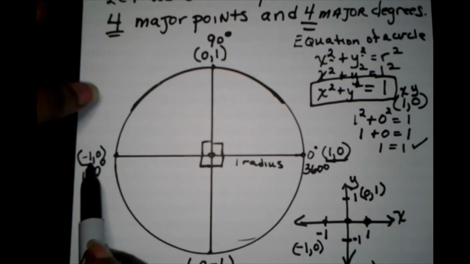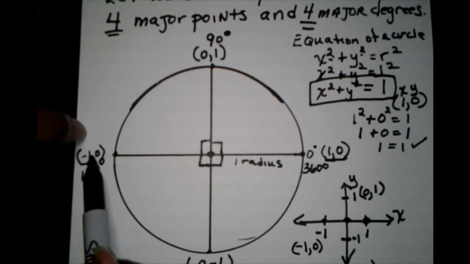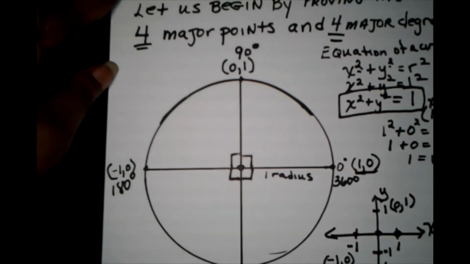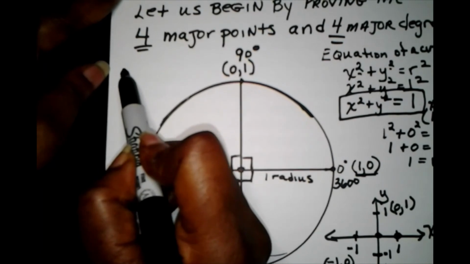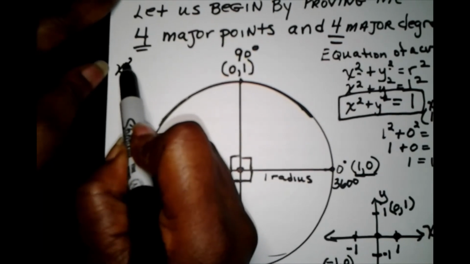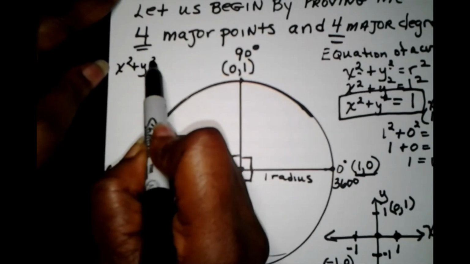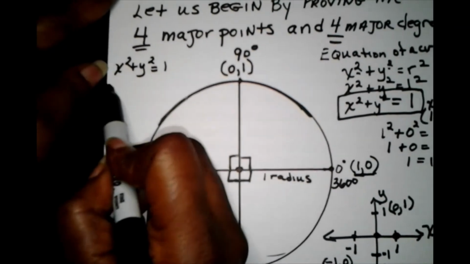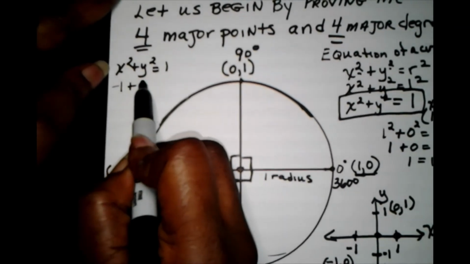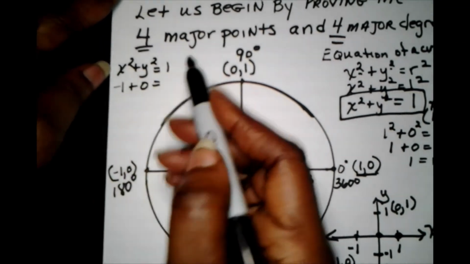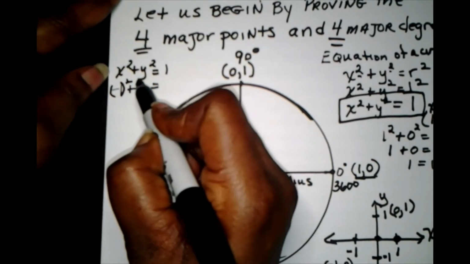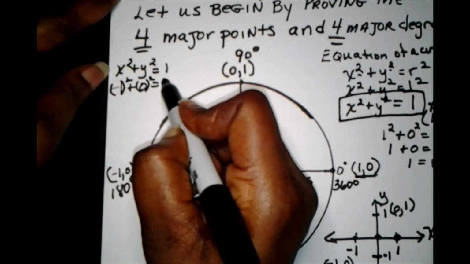And I'm going to try one of the negative ones on the opposite direction. I'm going to do that right over here. Okay? x squared plus y squared equals 1. Now, x here is a negative 1. So negative 1 squared plus 0 squared equals 1.